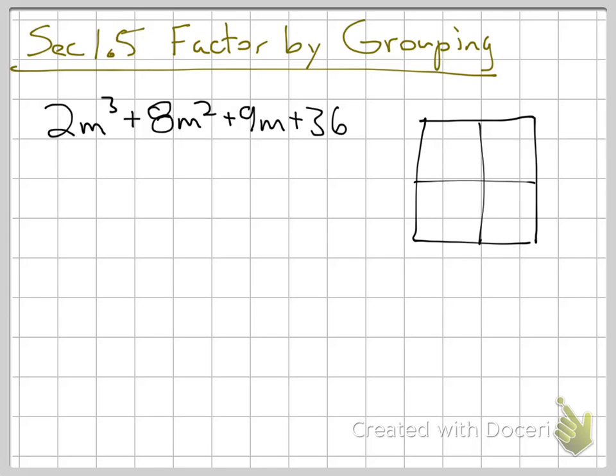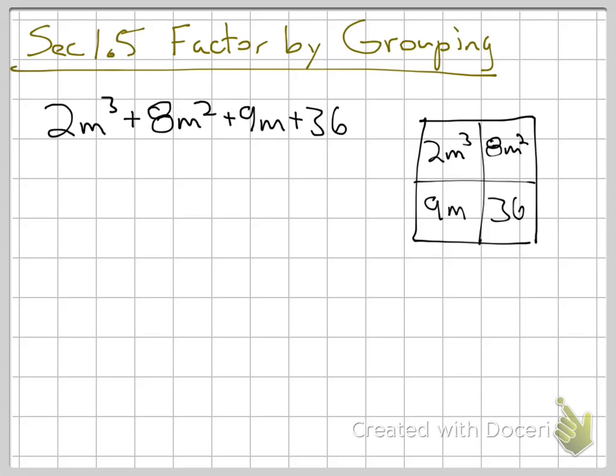First off, I could go, well, maybe 36 goes here, 2m to the third there. But that diagonal wouldn't necessarily work, because we're not going to have like terms there. Maybe I want to put an 8m squared and a 9m. And we start to get some ideas on where things fit, and you can piece it together.